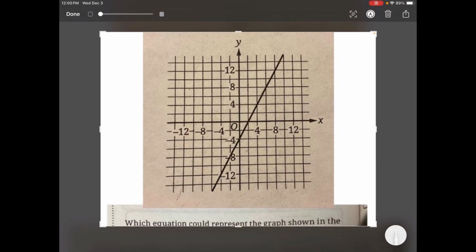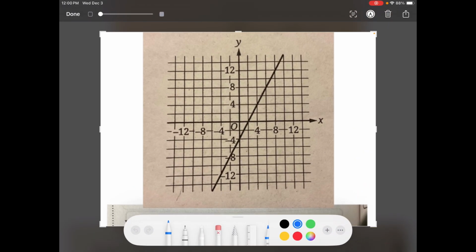The first step is to make sure that the graph in the Desmos calculator has the same range for the X and Y axes as the graph that is given on the SAT, because that is one technique they could use to trap you. So notice that your X-axis goes from -12 to +12.